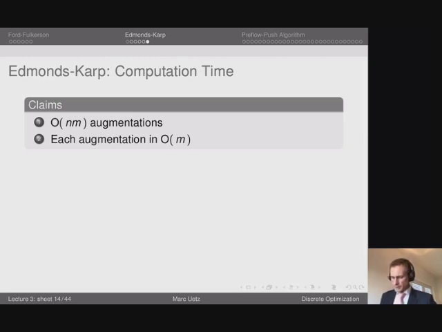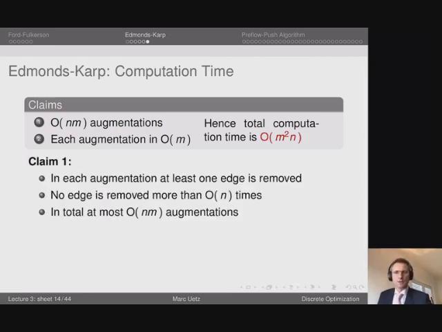Now, given that we have only that many augmentations, the total computation time becomes order m squared times n. So why do I claim that I only have order n times m many augmentations here? Well, that now follows from lemmas 1 and 3. Lemma 1 said in each augmentation at least one edge is removed. And how often can I remove one and the same edge?